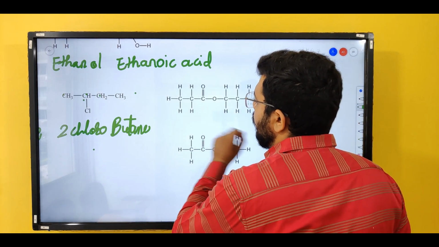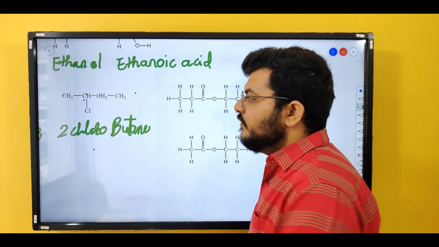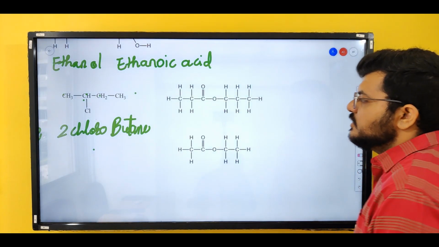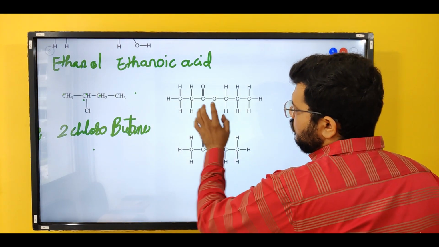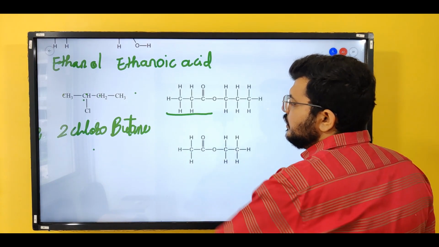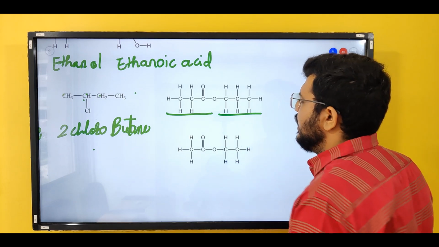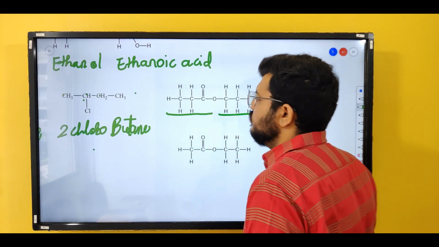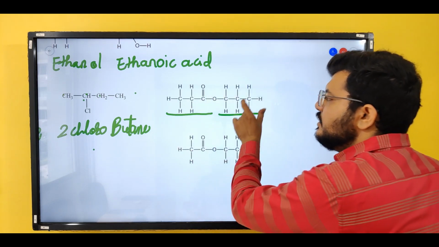This is an ester. This is something we have not discussed in that table, right? Because the naming is a little bit different. The ester is formed from two compounds. One is an acid and the other is an alcohol, right? In drawing the structure, you first draw the acid and then the alcohol.